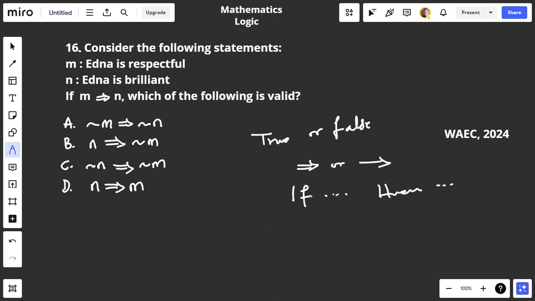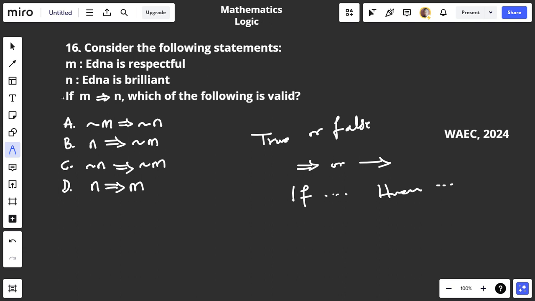When you use the word if, that means you have made that thing conditional, which means the first statement after the if must be true for the second one to also be true. That means if the first one is not true, the second one will not be true. That's what we mean when we use if. So here they said if statement M, which is like saying if Egna is respectful, then Egna is brilliant.